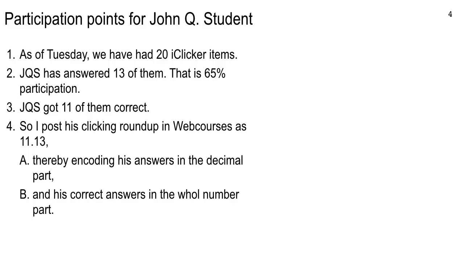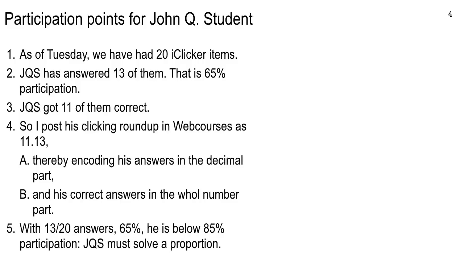Now the pointage out of 25 comes from the correct answers. So that comes out of the 65%. John Q. Student is going to have to solve this proportion. Here it is. You take his percentage and divide by 85%. That's on the left-hand side of this proportion.